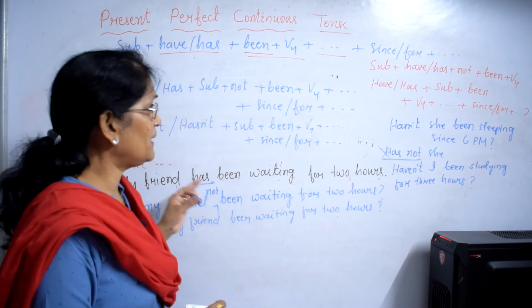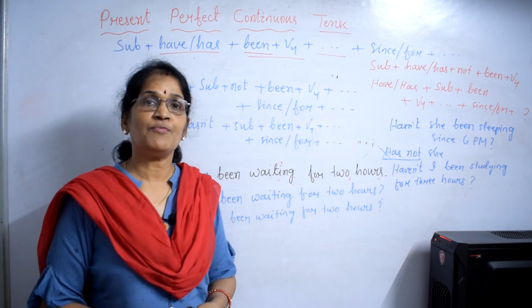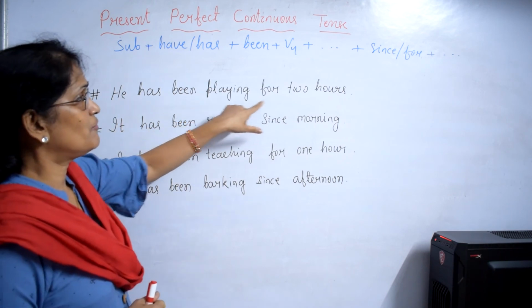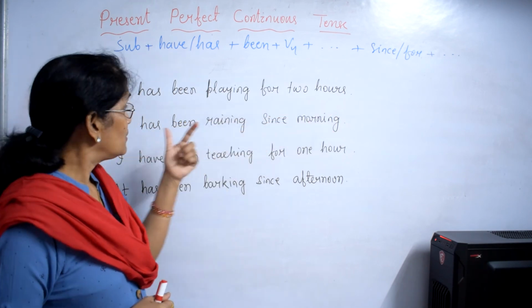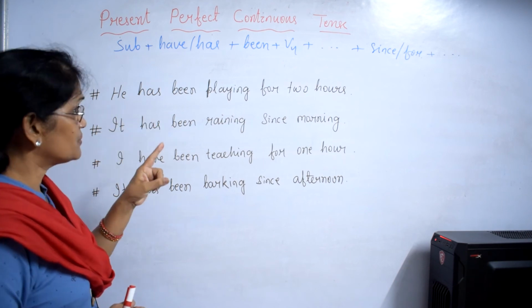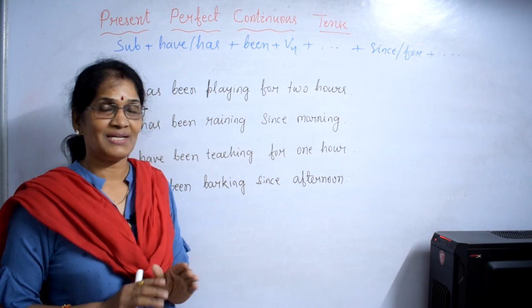Then let's see where you use it. I already explained it; again I am repeating. Where do you use the present perfect continuous structure? He has been playing for 2 hours. What is the meaning of it? We use it when something began in the past sometime and still continues.